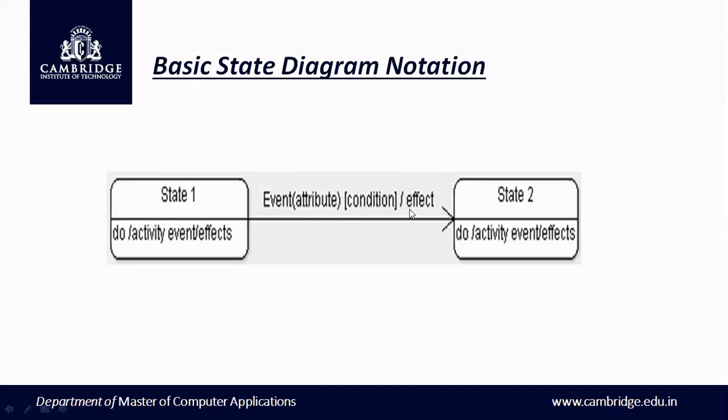And then coming to the condition here, condition is nothing but the guard condition, and it is totally optional. In case it is required, we can specify it. So this is the simple, basic notation that we are using. These are UML notations, right?